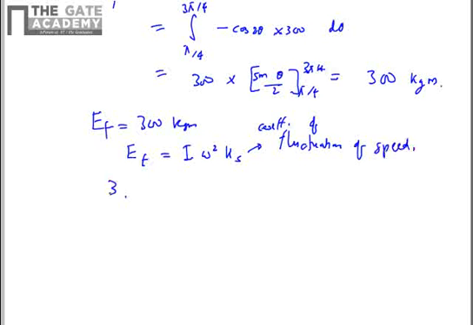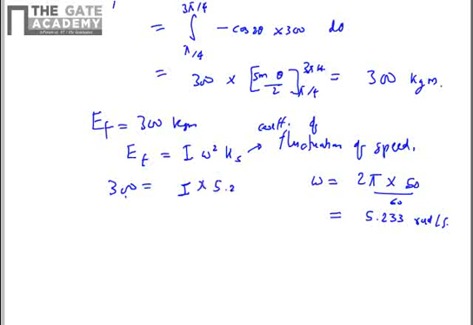You know EF is 300, I we have to calculate, and for omega we need the mean speed, which is 2 pi N by 60. The mean RPM is given as 50, so 2 pi into 50 by 60 will be equal to 5.233 radians per second. So you can substitute this value here, 5.233 square, and the coefficient of fluctuation of speed.